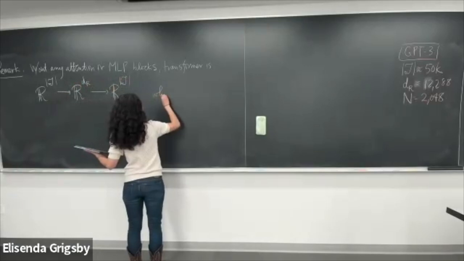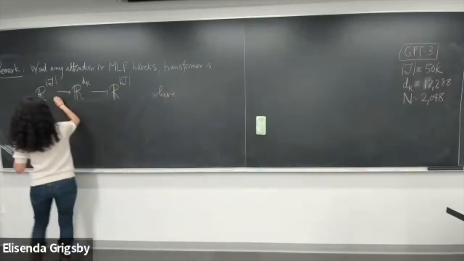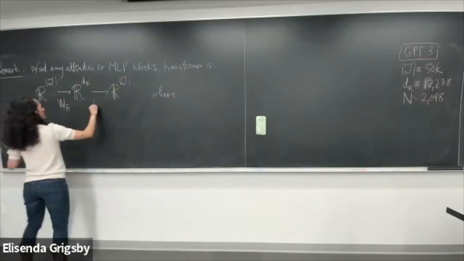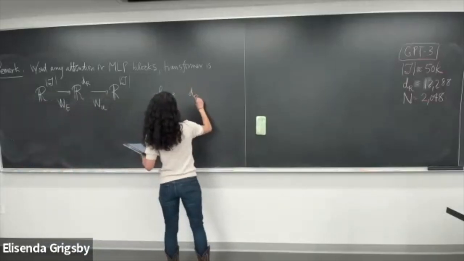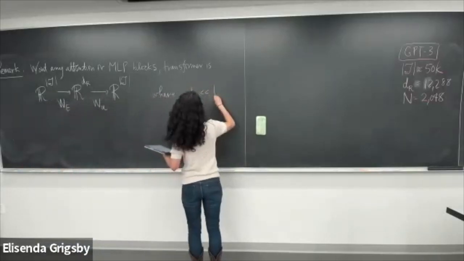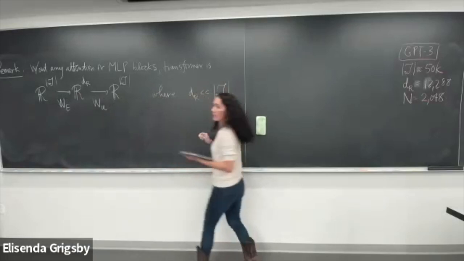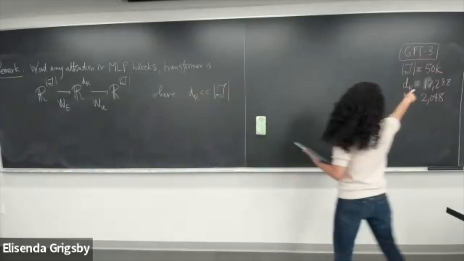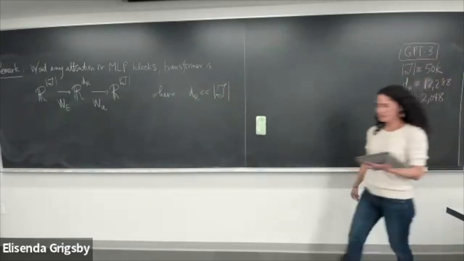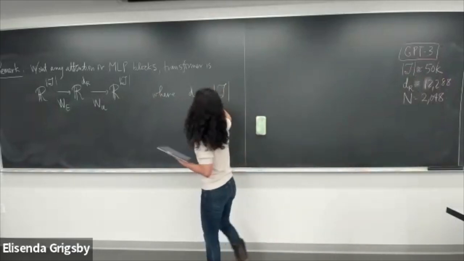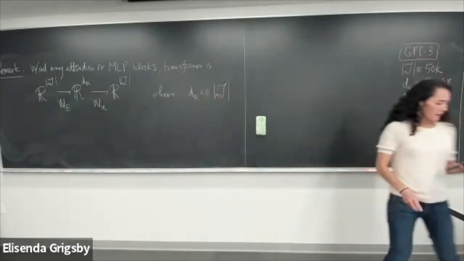Just want to note, this is a linear map, and this is a linear map. And d_R is less than d_T. So think maybe a third fewer dimensions. It's about the same order of magnitude, but it's smaller. Maybe I won't put two less-thans, I'll just put one.